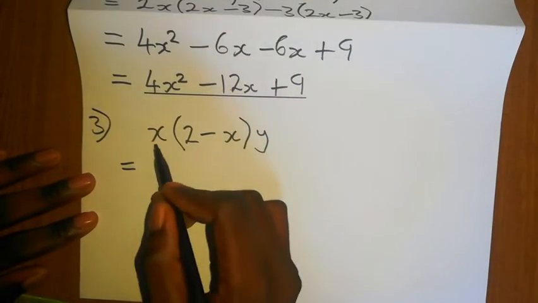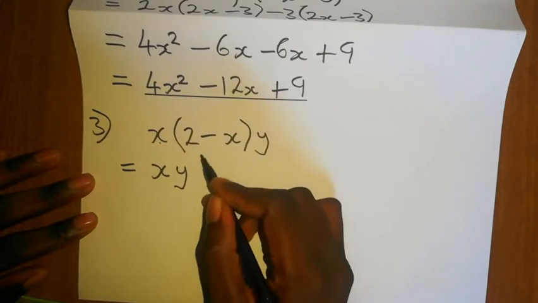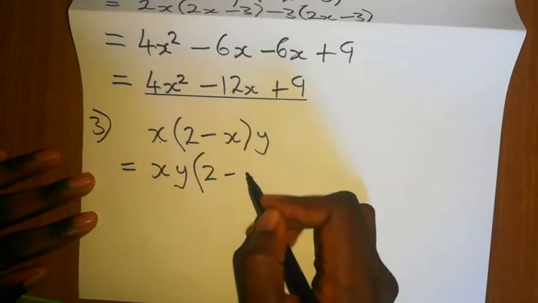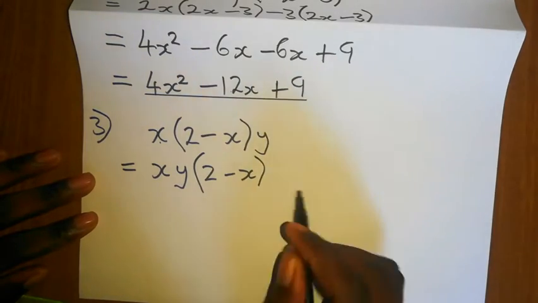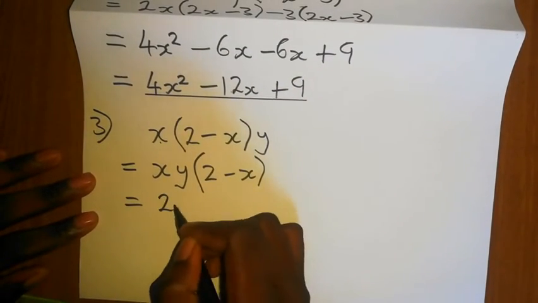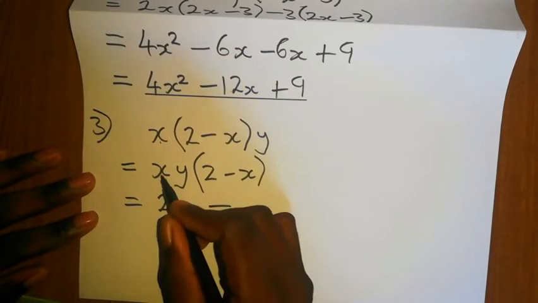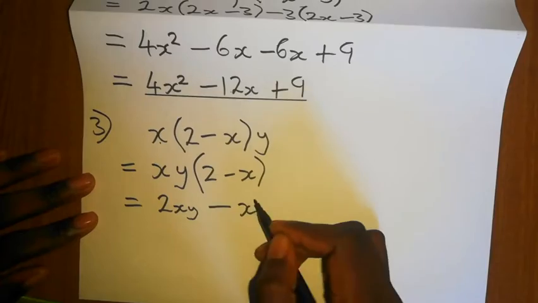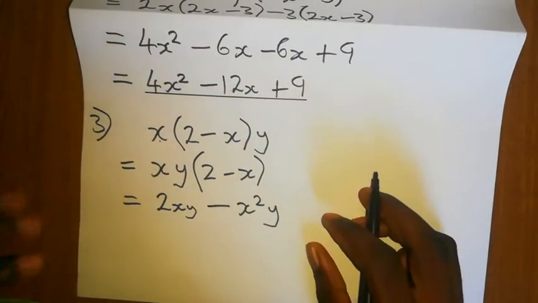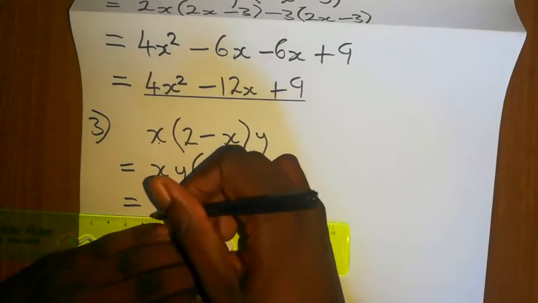So in this case, it's going to be x times y, that's xy, then 2 minus x. Then this is going to be your general expansion, so it's equal to 2xy minus x times x, that's x squared, then y. This is your answer.